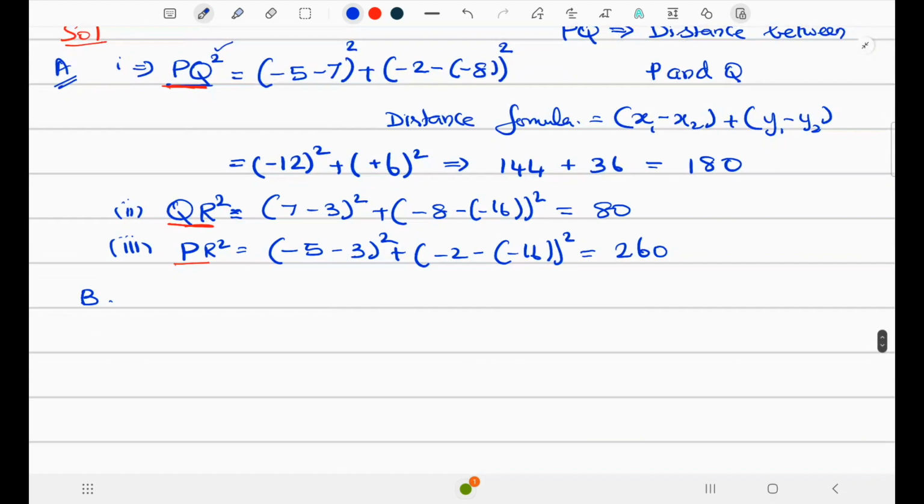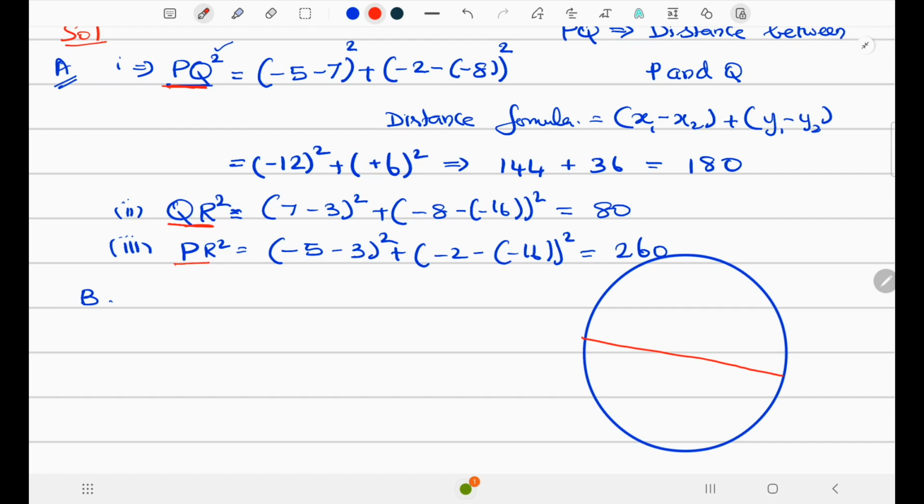Now draw the circle. Three points are given. We need to show why PR is the diameter. So just draw a line. This is P, this is R, and somewhere Q.